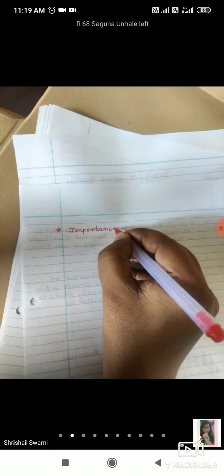Next, what is the importance of the chapter? Why are we learning this chapter? Anyone?